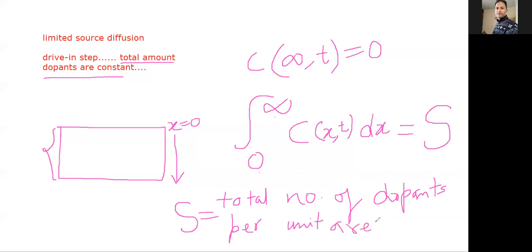This quantity is per cubic centimeter, or per unit volume, and that is multiplied by depth. A per unit volume quantity multiplied by depth is a per unit area quantity. So we have S defined, which is total number of dopants per unit area, and then we have another condition where C of infinity comma t is equal to 0.